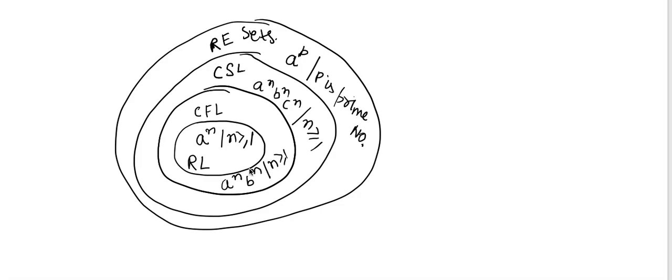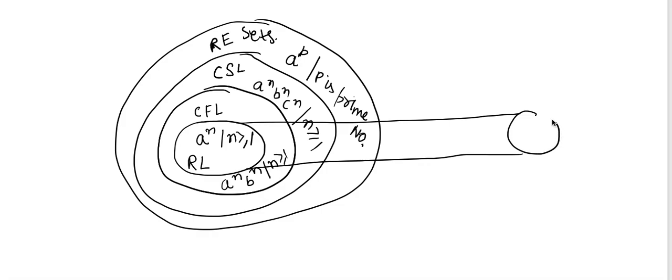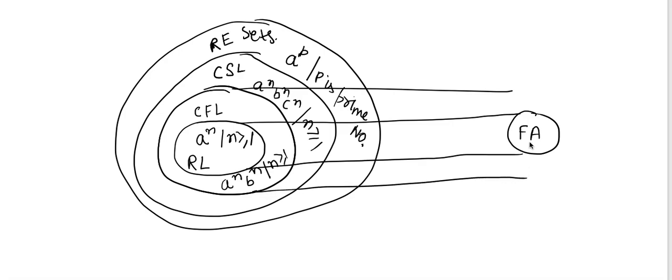For each language there is a corresponding automaton to accept it. And we have studied the FA. For regular language, we have finite automata. For CFL, we have what? PDA, pushdown automata. We'll go one by one through every automaton.